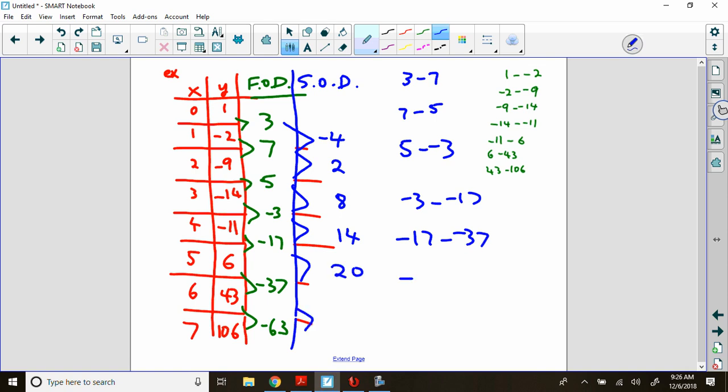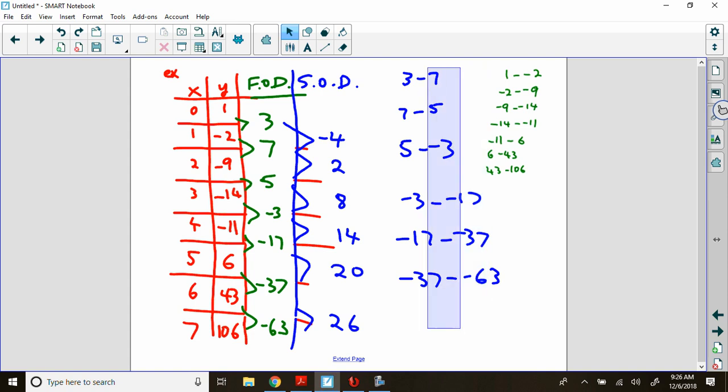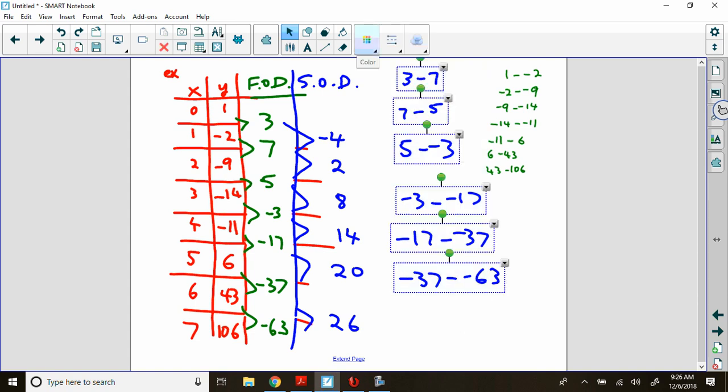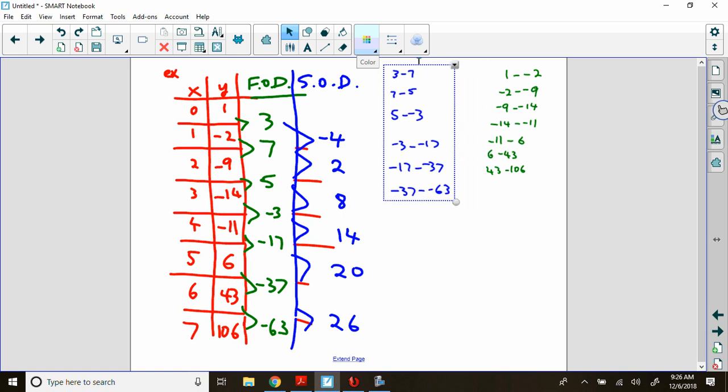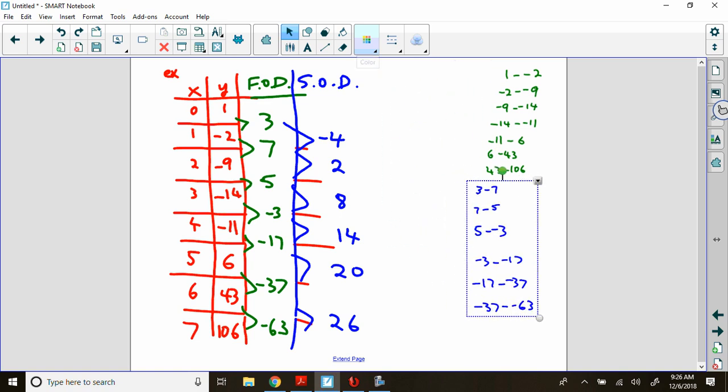And then negative 37 minus minus 63. So that's 3 and another 23. That's 26? 26. Okay. All right. So my second order finite differences were not constant. So that didn't work. So I got to go until they're the same. When I say constant, I mean they're going to end up being the same.